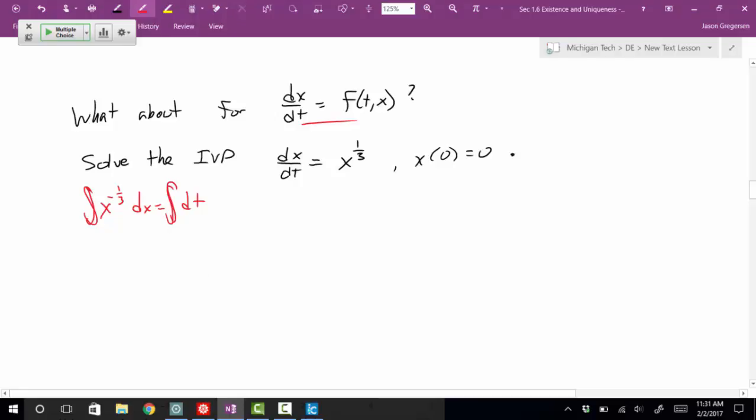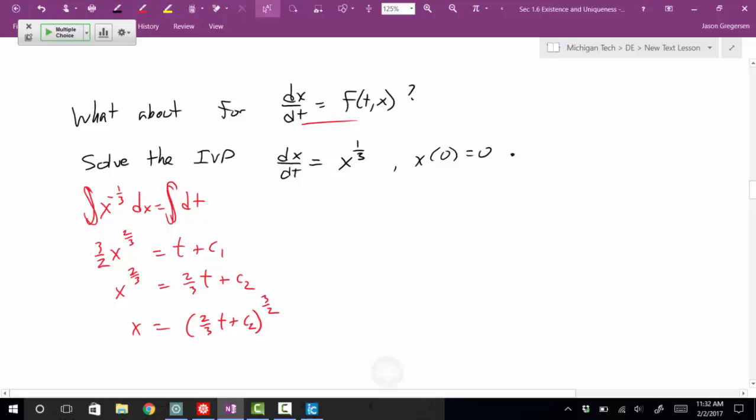Over here I add 1 to the exponent, so I get x to the 2/3 divided by 2/3, the same thing as times 3/2, equals t plus some constant. Multiply through by 2/3. Some different constant. x is equal to (2/3 t plus a constant) raised to the 3/2 power.